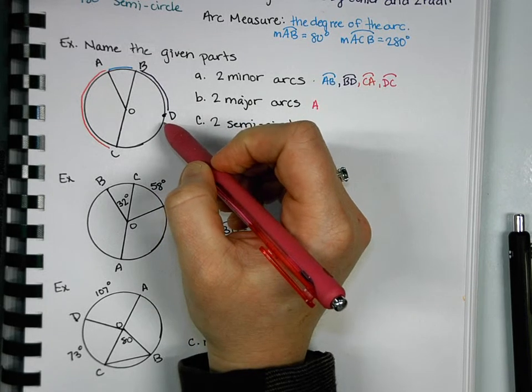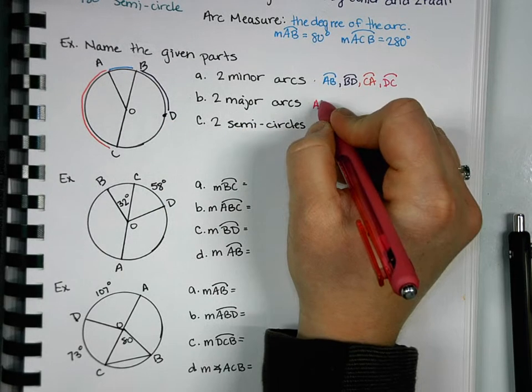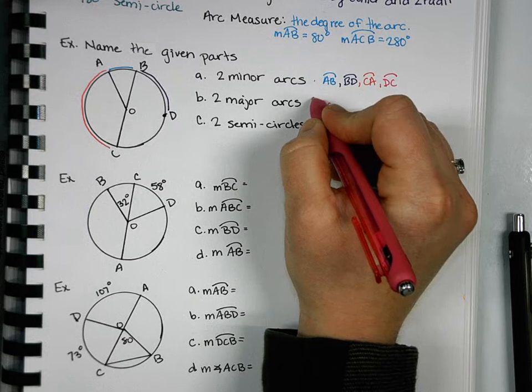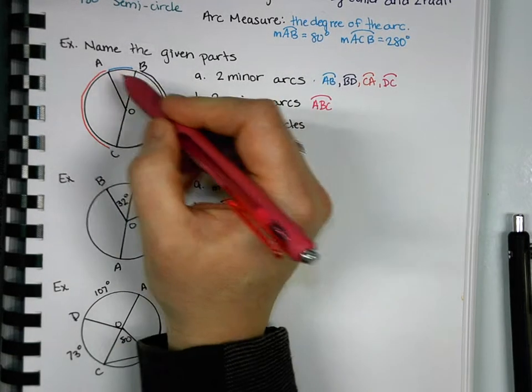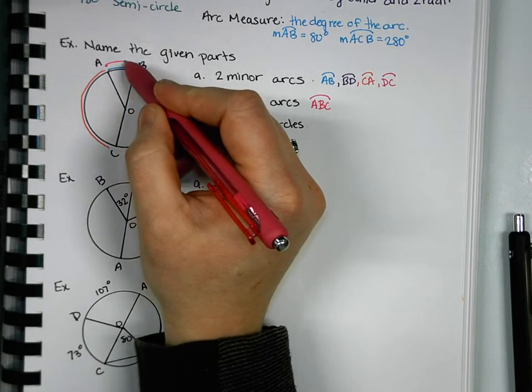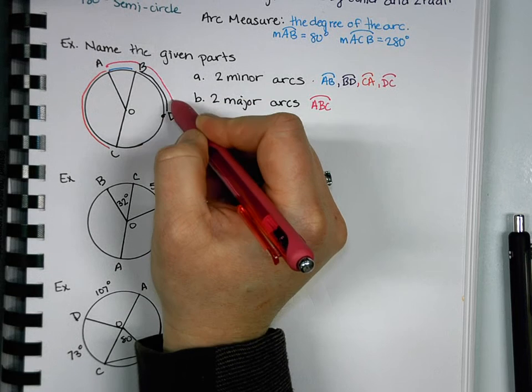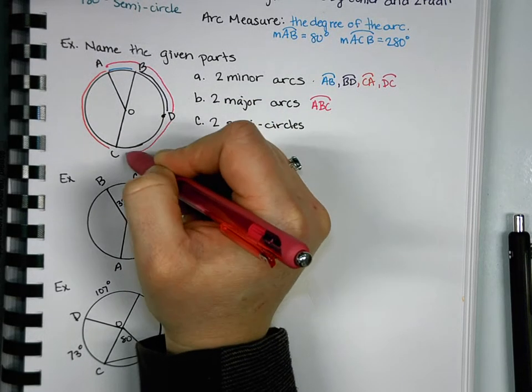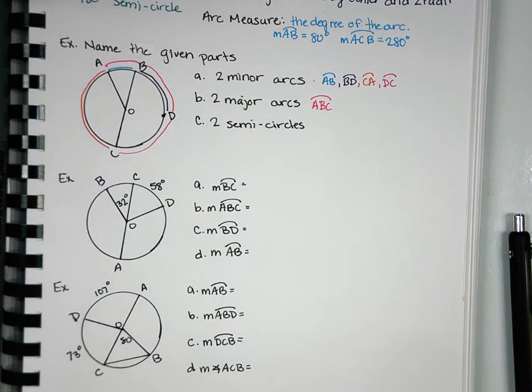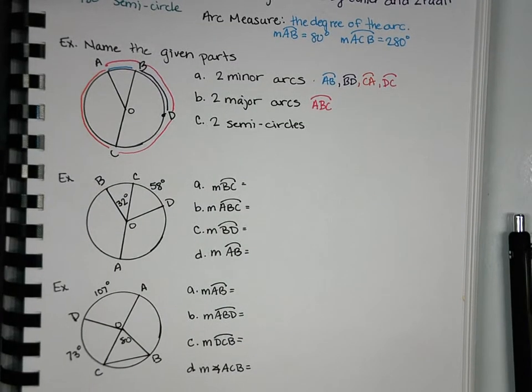Just pick one. A, B, and then ending at C. That's the arc that starts here, goes around, and ends at C. When you have a major arc, you might skip some points. You don't have to put every single point you pass in there. You just need at least one in the middle.